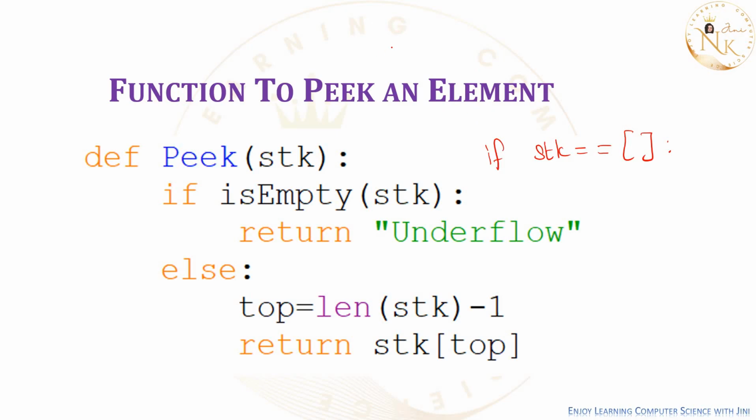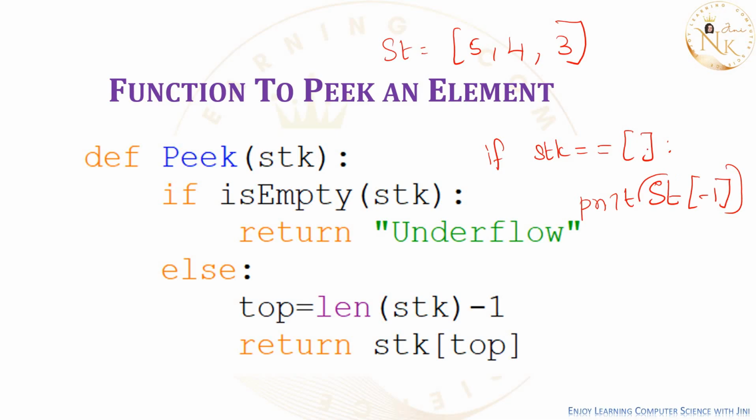If the stack is [5, 4, 3] and I want to display the topmost element, I can print stack[-1]. The element with index -1 is the last element that will be printed. That is one method. Or you can find the length of the stack.